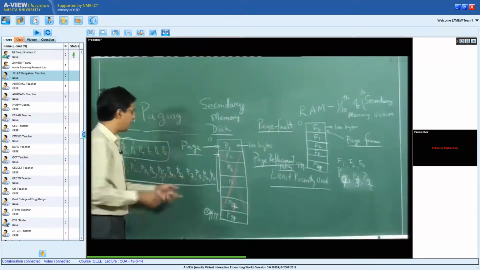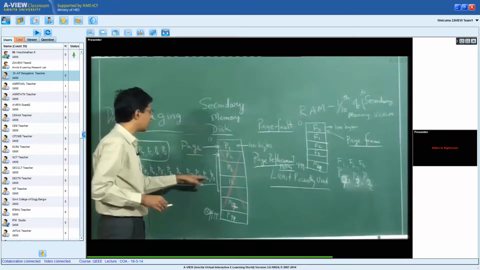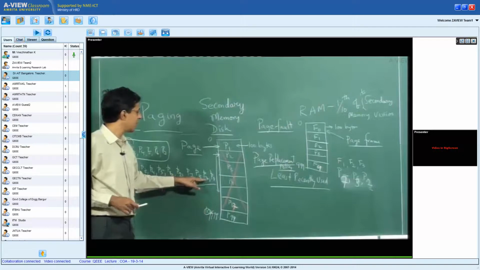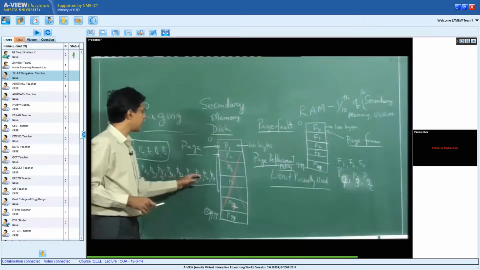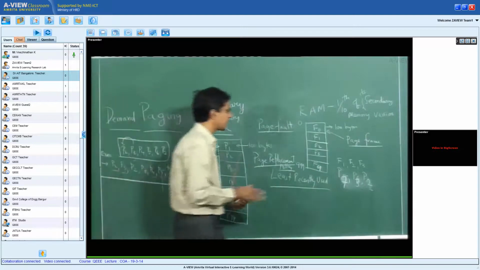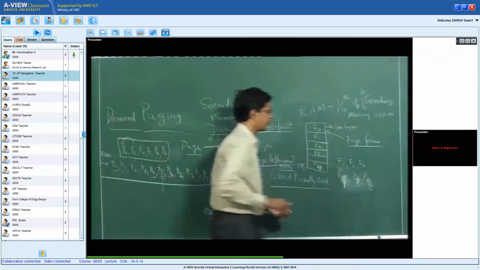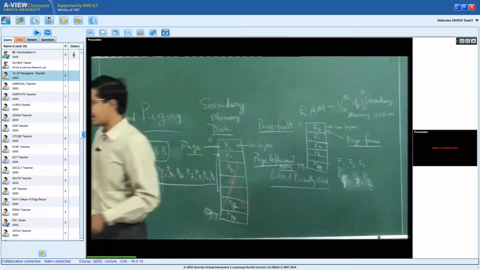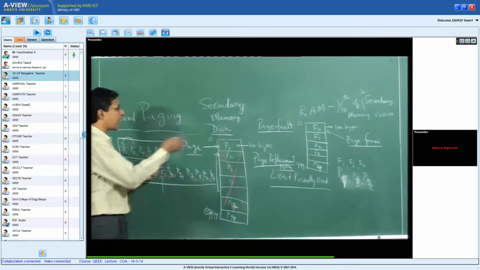Now again P2 comes, but P2 you already find in the memory, so this is not going to create a page fault. And then P1 comes, out of P7, P3 and P2, P7 is least recently used, so P1. Okay, so this is how the entire program gets executed.